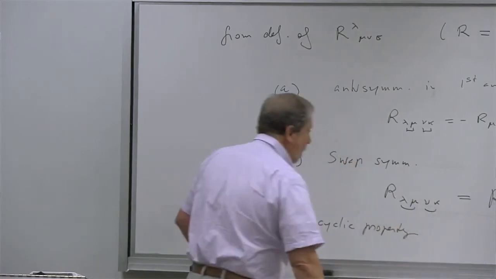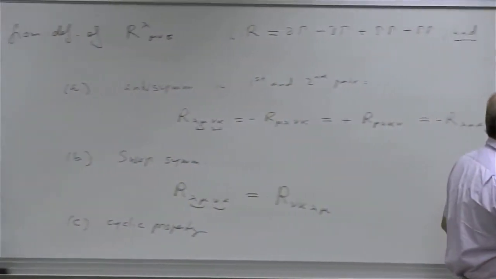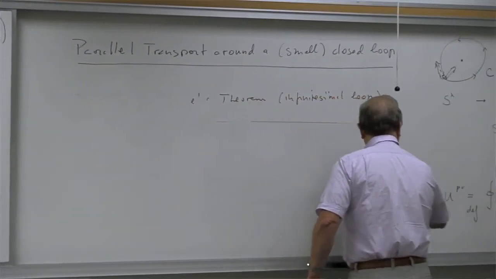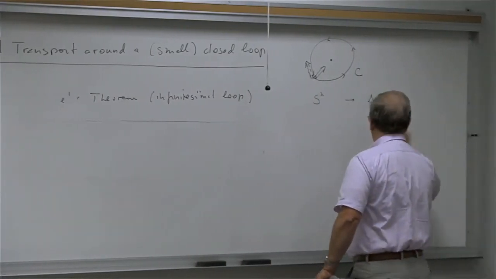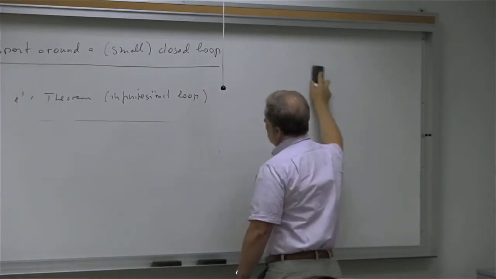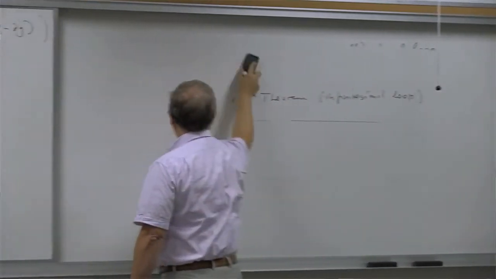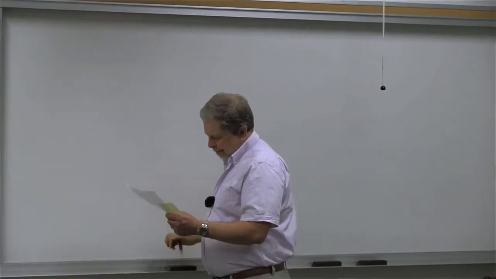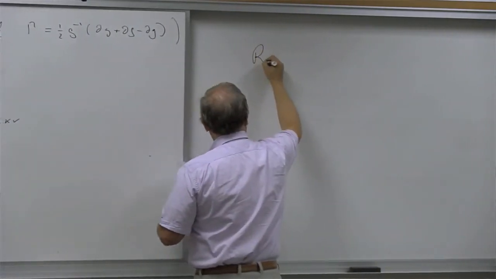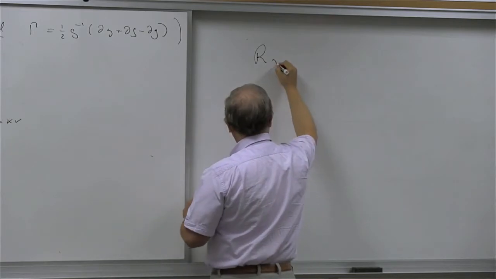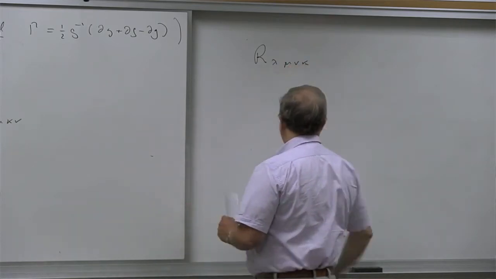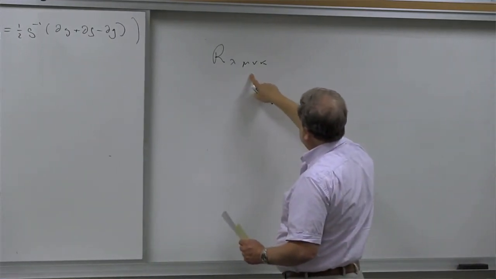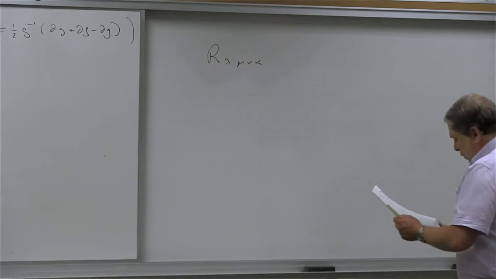Cyclic property. And I'm going to write that over on this side, otherwise you can't read it. That is a little bit like a property that we wrote before for the F mu nu of electromagnetism. When you write R lambda mu nu k, now with all the indices downstairs, you can cyclically permute these last three indices, and when you add up the three contributions, you get 0.